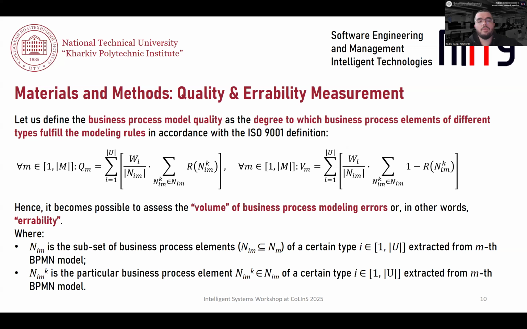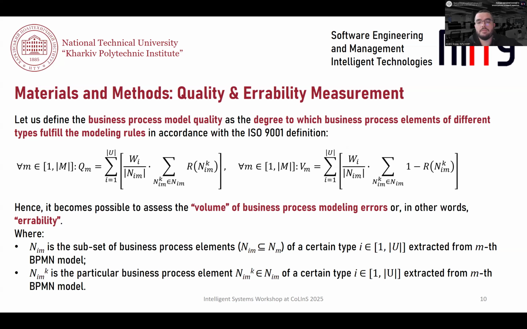Here we operate with the subsets of business process elements of different types extracted from the BPMN model under analysis and consider them to calculate both Q measure for the quality and V measure for the volume of errors or the errability.